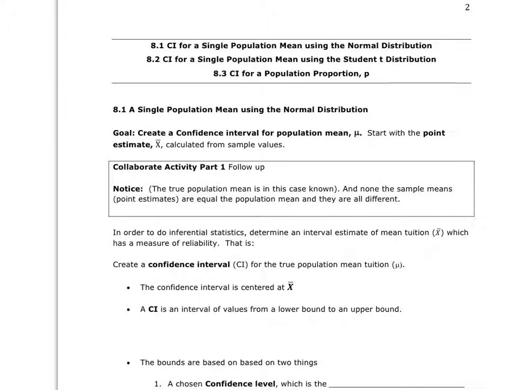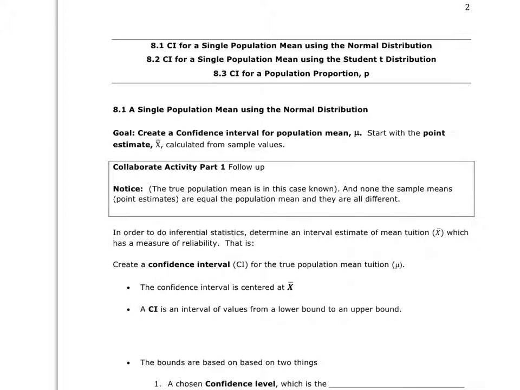So if you've gone through and done the first part of the collaborate activity, and hopefully you go back to it and see as your classmates add in their means, you can see that I've put in the true population mean. I do know that because the population is only 51.